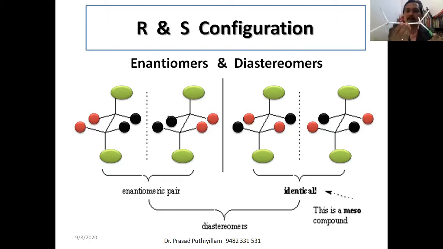So here green color, here also green color. I will rebuild the structure to explain the same. I will take another supporting molecule.